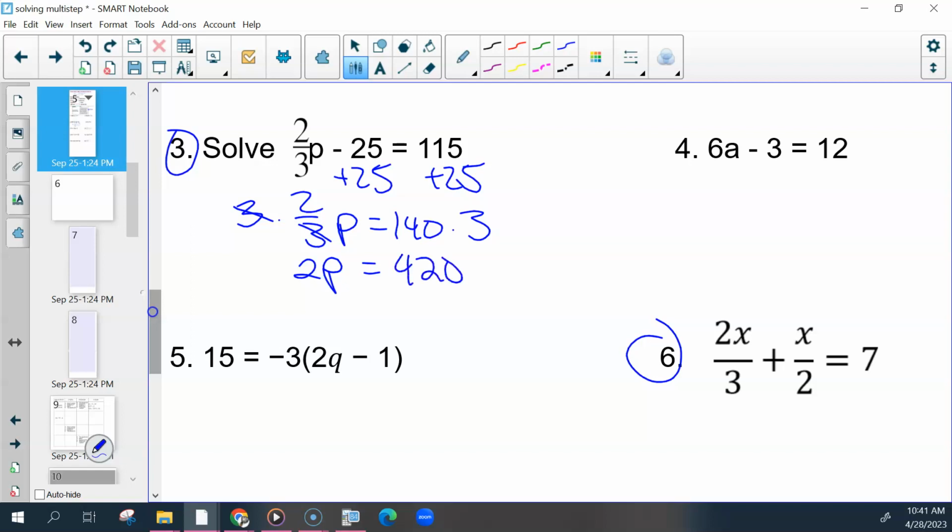And then to get P by itself, so that P equals 2. There were other ways you could have done that, but if that way makes sense, go with that. Questions on that one?